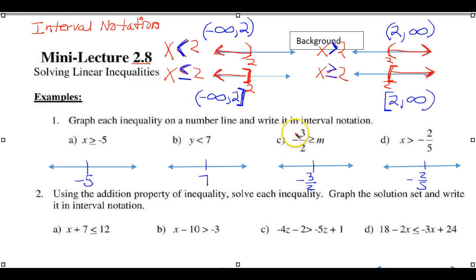Now here, this one's a little tricky. I often suggest when the letter is on the right that you set it up where it's M. Now notice the point is toward the M, so we just copy it this way, and like so.